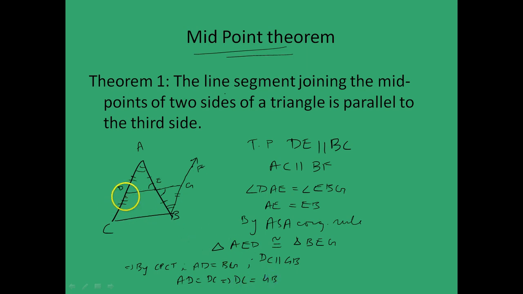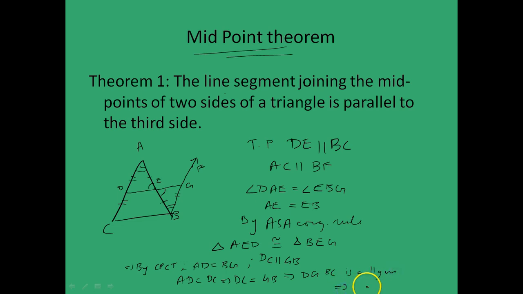Now in DGBC, DC is equal to and parallel to GB. This implies DGBC is a parallelogram.